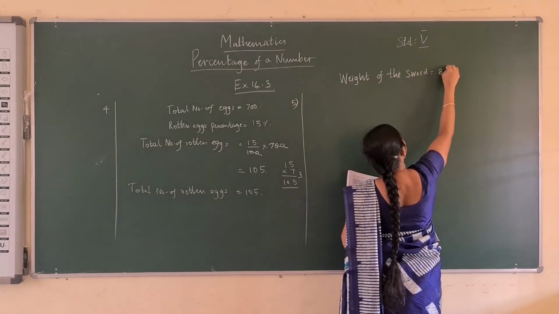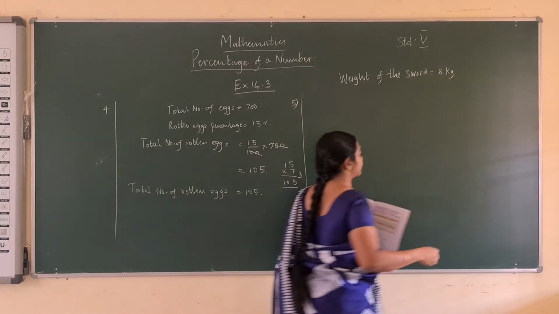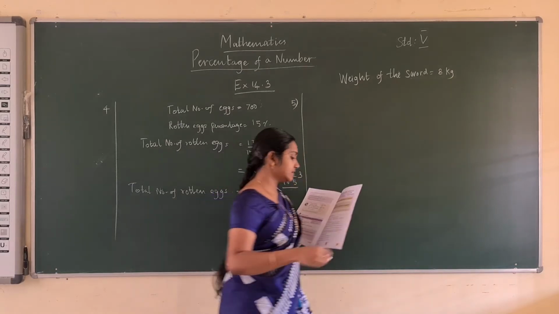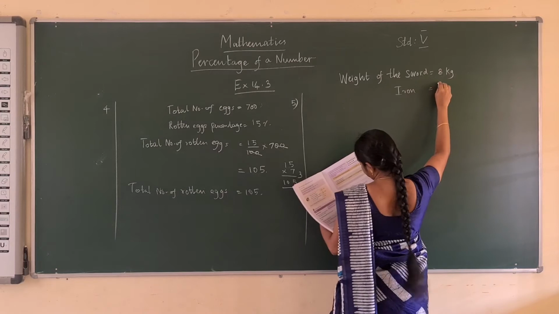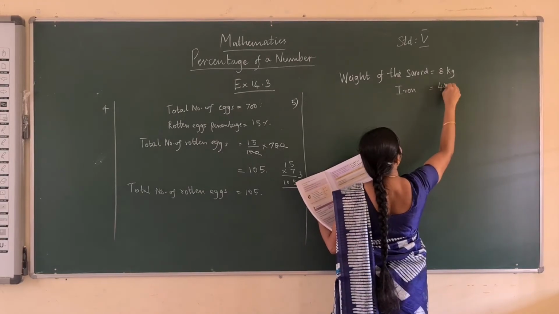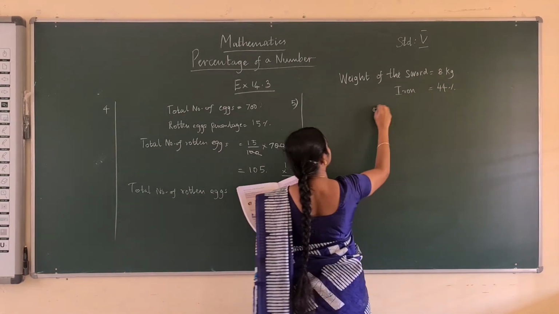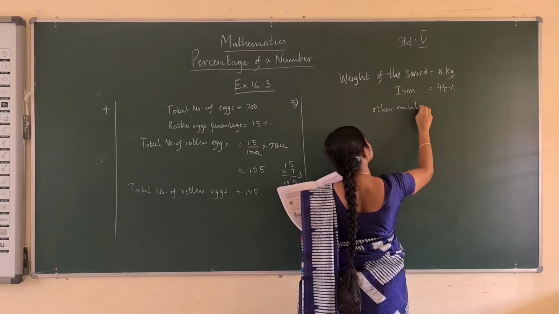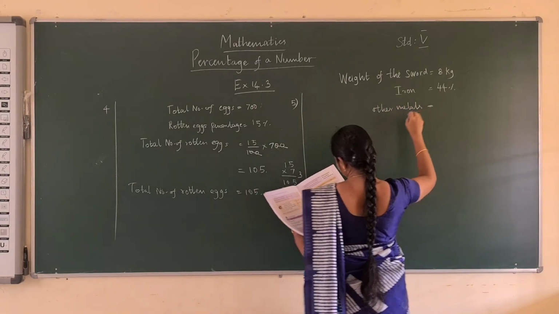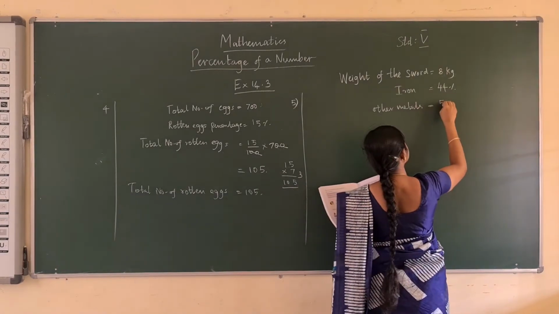It is given as 8 kg. Iron is given for 44%. Other metals 56%.